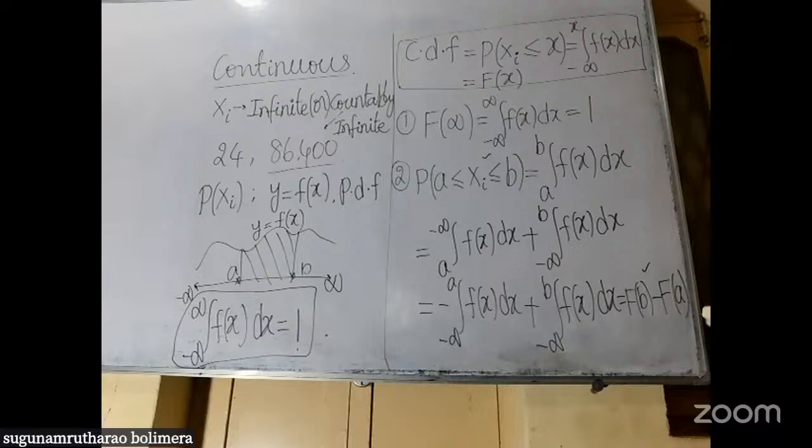Please note down the options. First, 0.368. Second one, 0.5. Third one, 0.632. Fourth one, 1.0.